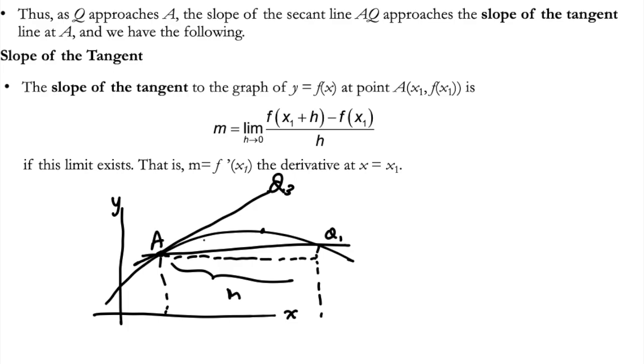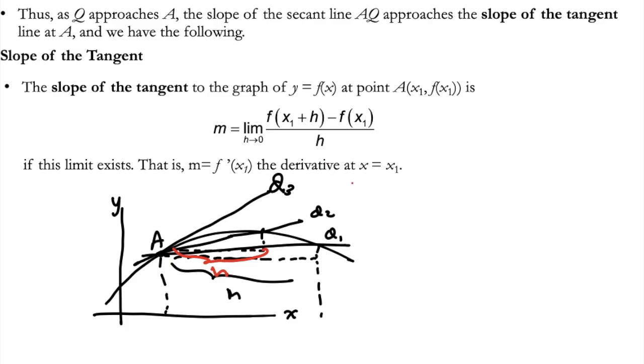Then we have another secant line, Q2, and then we have another different H here. So I use a red pen. This is another H, which is red H.